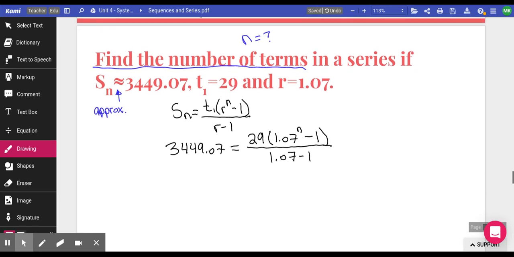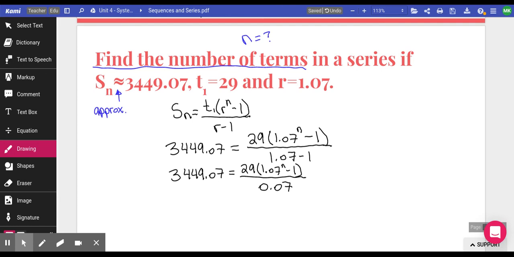Calculating this is going to be a little bit tricky, so I'm going to figure out what the denominator is. 1.07 minus 1 is 0.07.